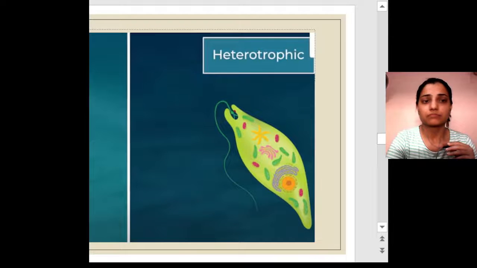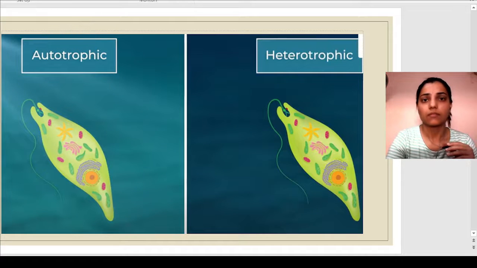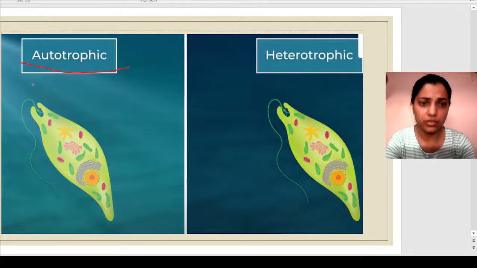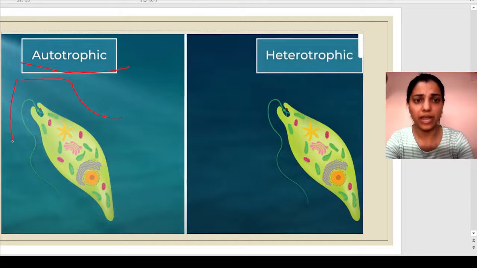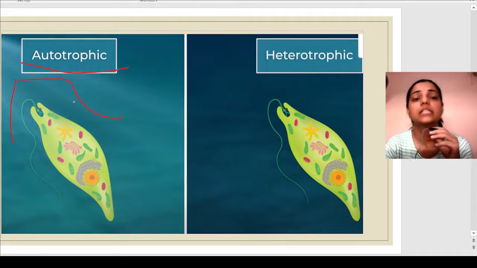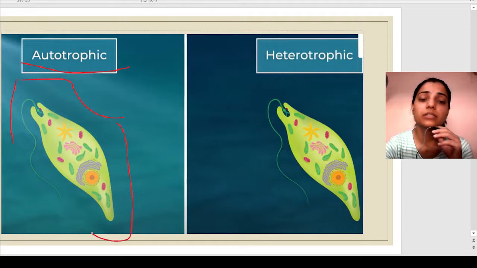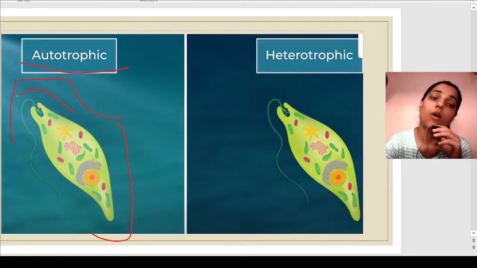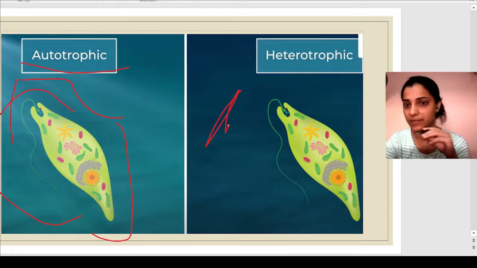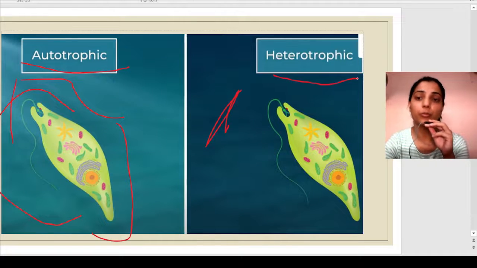In the presence of light, this euglena is performing the autotrophic mode of nutrition, and in the absence of light, it is performing the heterotrophic mode of nutrition.